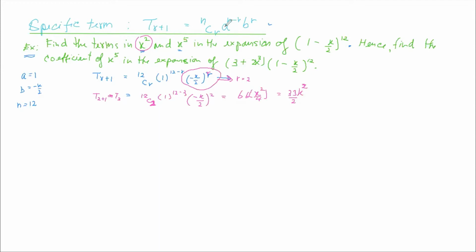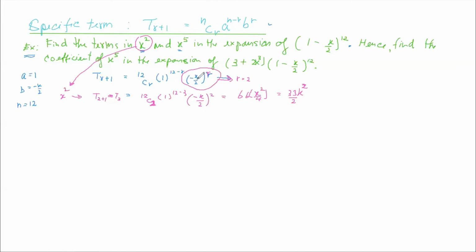Now we're going to find x power 5. Do the same way. We find x power 2 here, now we find x power 5. From this one, we know the same thing, correct?